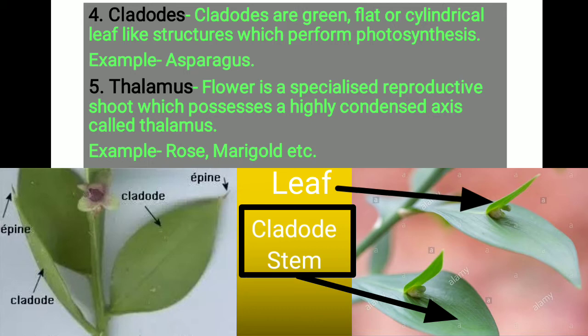There we find that each internode gets modified into green, flat or cylindrical leaf-like structures, and they perform the task of photosynthesis. So similar such structures can be seen, as you can see in the picture, in case of asparagus, Ruscus, etc. And the last one is thalamus.